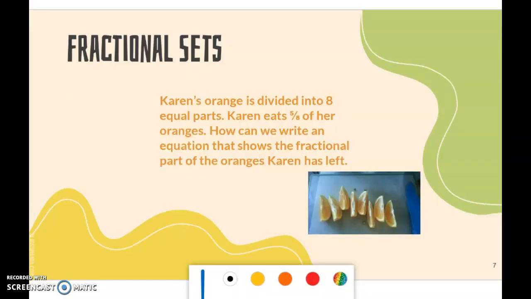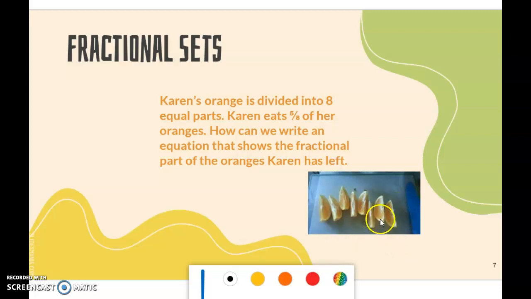Now we're going to look at another example of how we can decompose fractions into unit fractions, especially seeing it in a word problem. Okay, so here's our example. Karen's orange is divided into 8 equal parts.